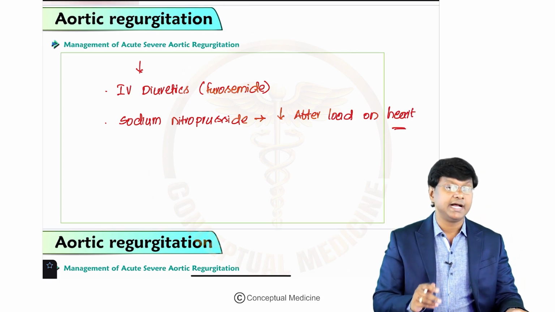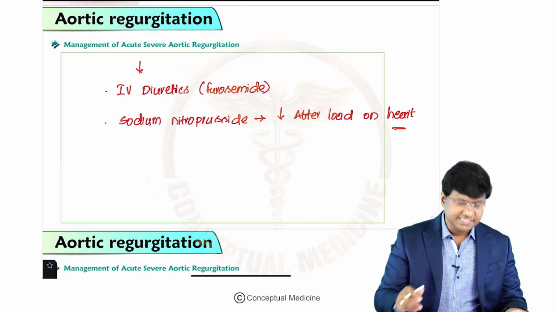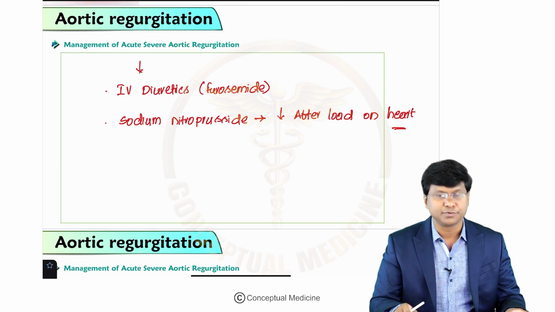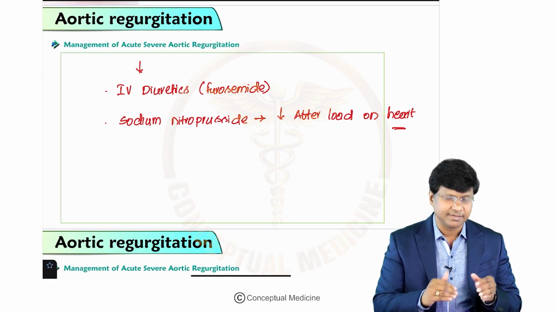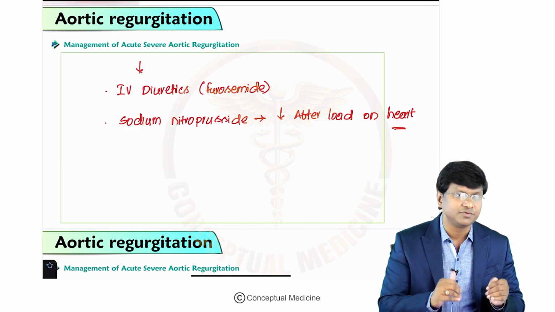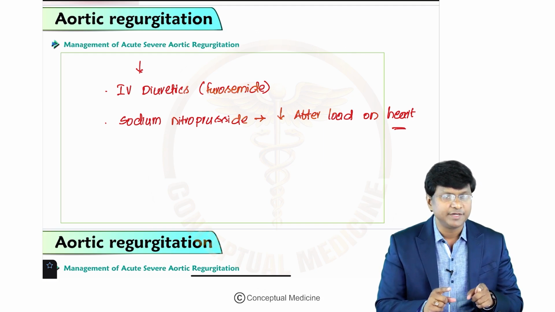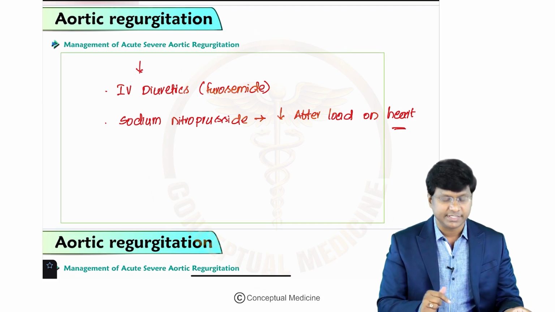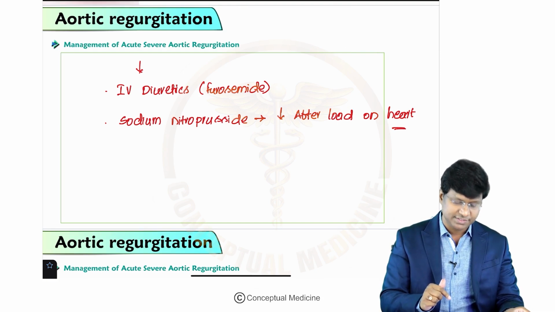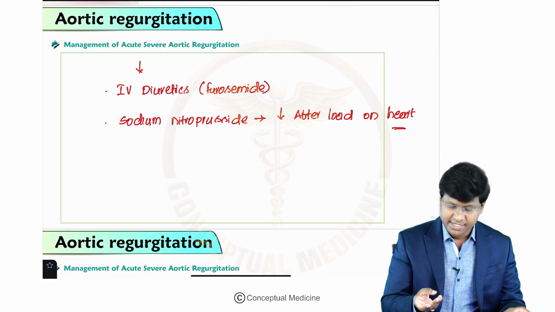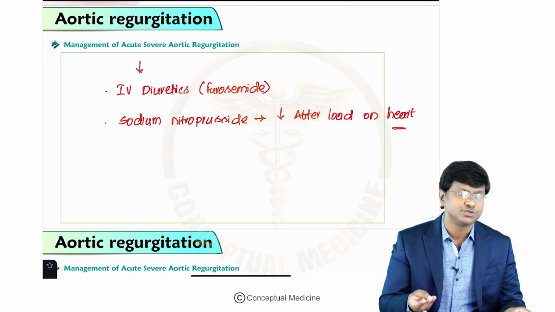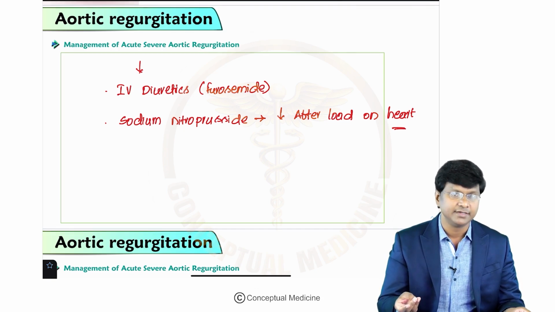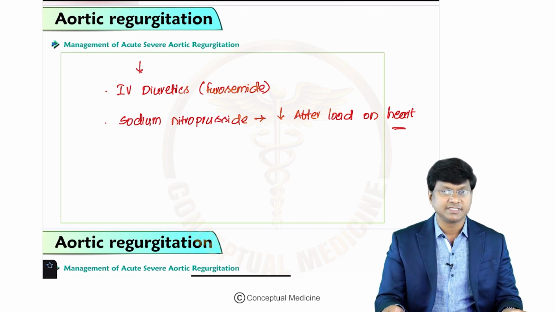Now in recent days, there are certain problems with sodium nitroprusside. It can cause cyanide toxicity. So in order to prevent that cyanide toxicity, instead of giving sodium nitroprusside, we can give nitrates, that is nitroglycerin. Even that will reduce the afterload on the left ventricle. And then ACE inhibitors or ARBs can be given.